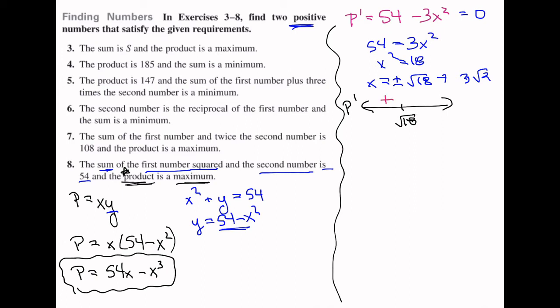Now if I plug something from here into the derivative, say the square root of 25, because the square root of 25 would be larger than this. Well, the square root of 25 is just 5. So 54 minus 3 times 5 squared, that's 75. So 54 minus 75 will be negative. That means that my product function increased and then decreased, which means this is the x value that causes a maximum product.